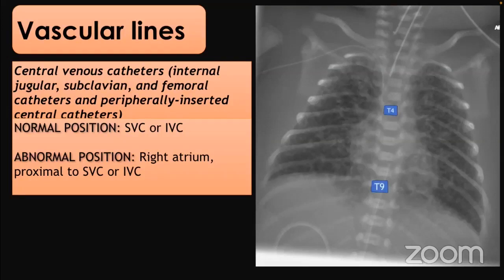If the line is inserted from the arms or from the neck, the central vein, it shouldn't go below thoracic vertebra 4. And if the vascular line is inserted from the lower vessels, it shouldn't be above thoracic vertebra 9.